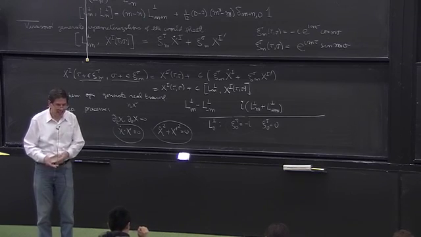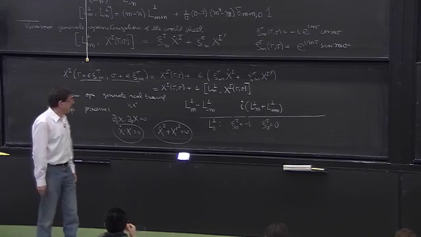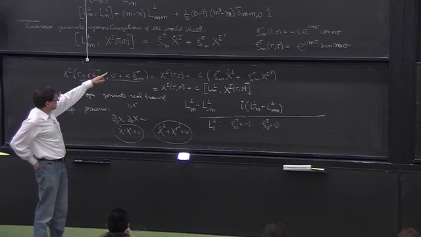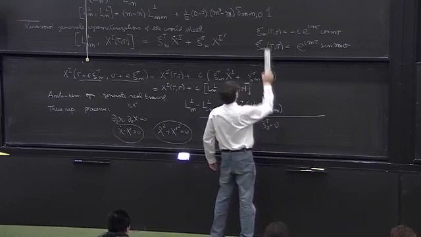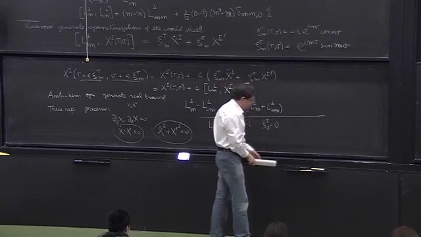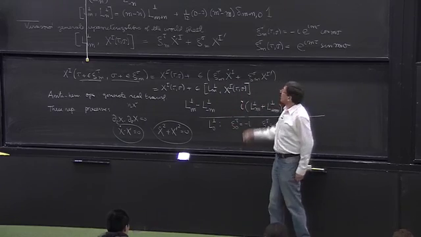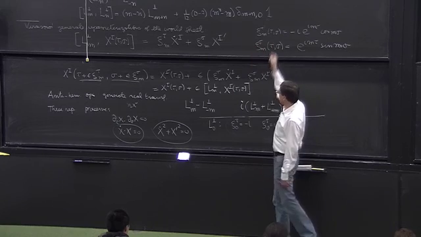Yes. Why is it called the central charge? Yeah, it's called the central charge because a central operator in mathematics is an operator that commutes with everything. So this term commutes with everything.